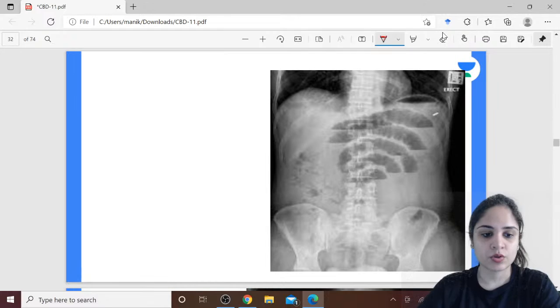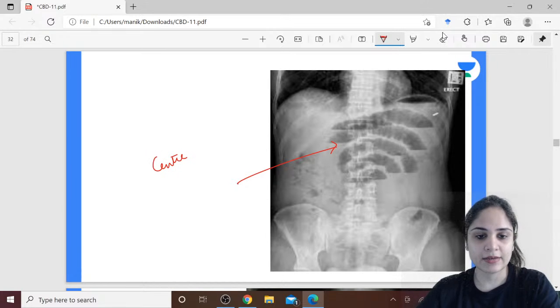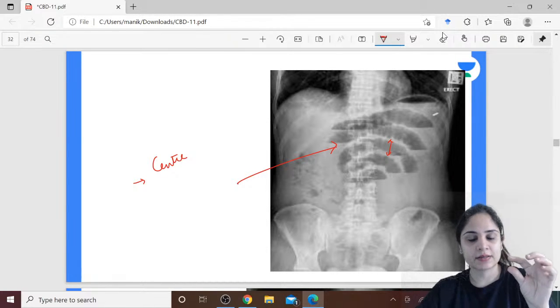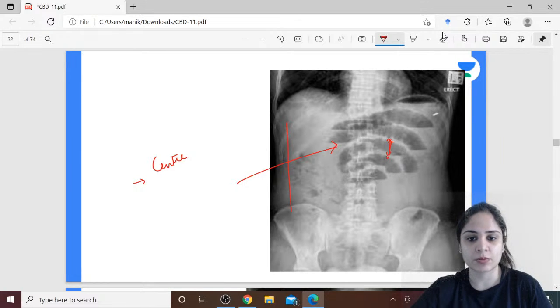Okay, yes. So what am I having over here? I am having the air fluid levels in the center. Okay, and where are my dilated bowel loops? My dilated bowel loops are also in the center. Also, in small bowel obstruction, the diameter of the dilated bowel loops will not be that much as compared to a large bowel obstruction.